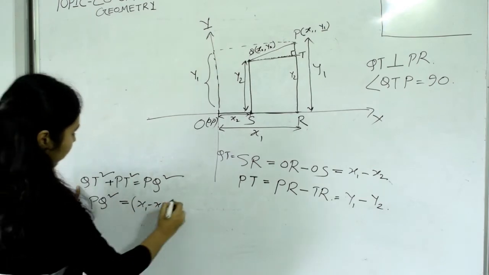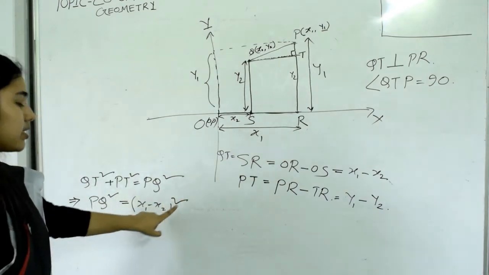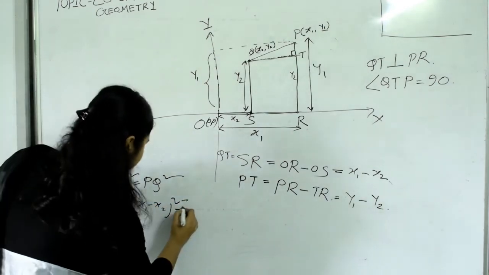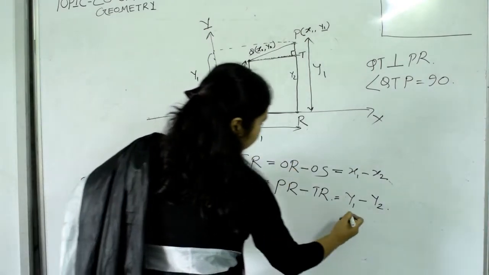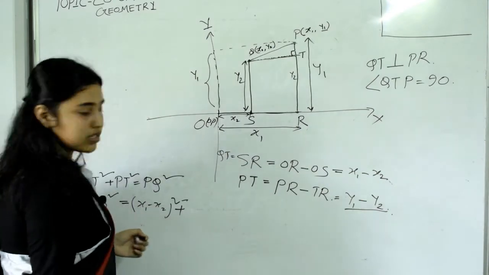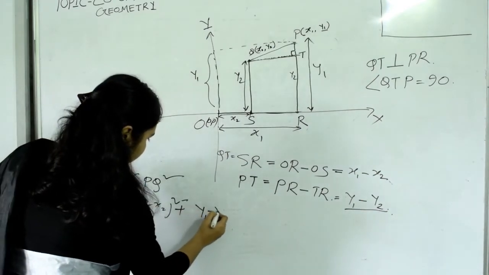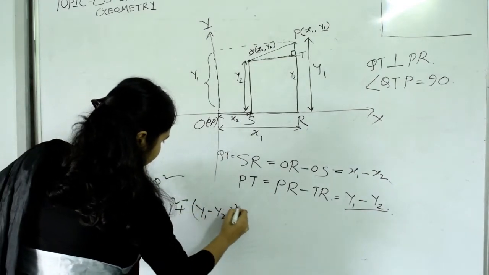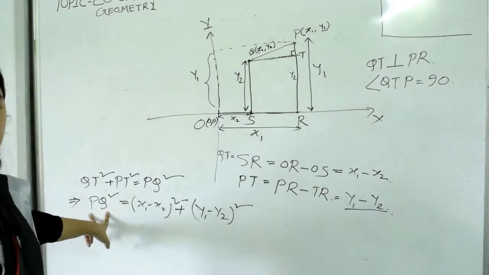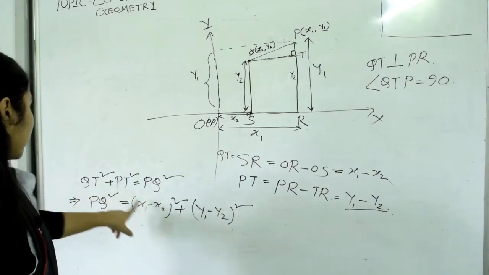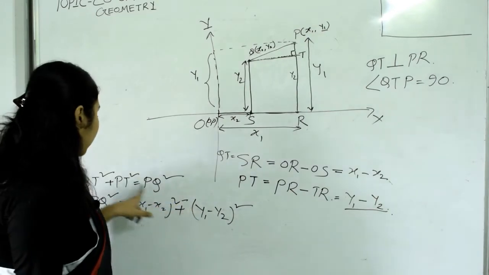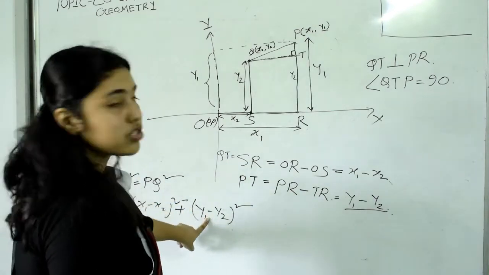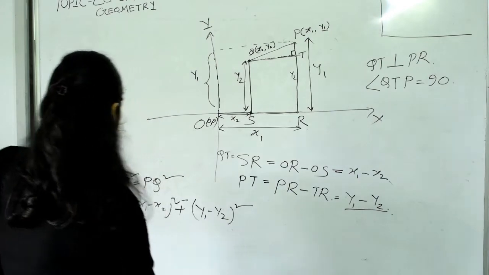Now QT square, which means (x1 minus x2) square, plus PT. The value of PT is y1 minus y2. So again, PQ square is equal to QT square, which is (x1 minus x2) square, plus PT square, which is (y1 minus y2) square.